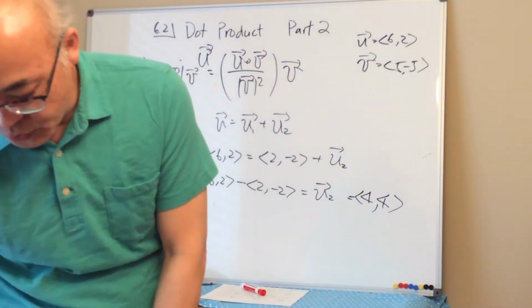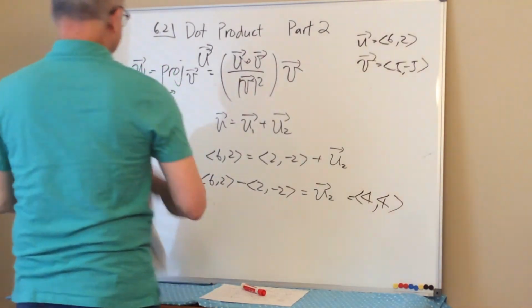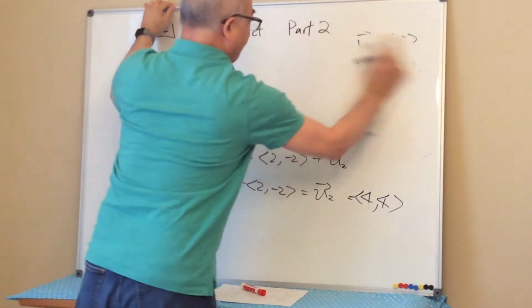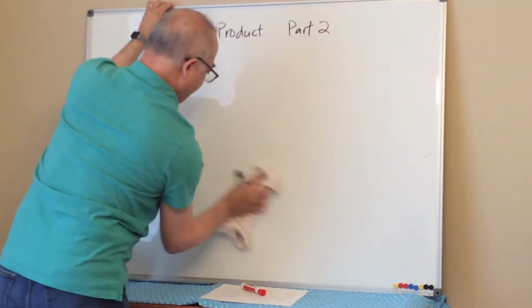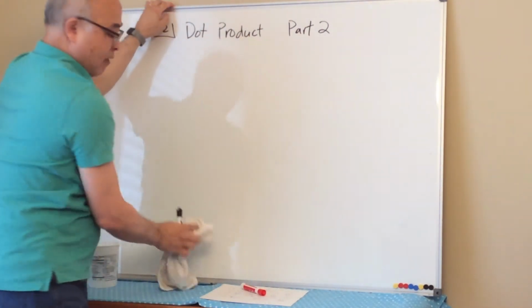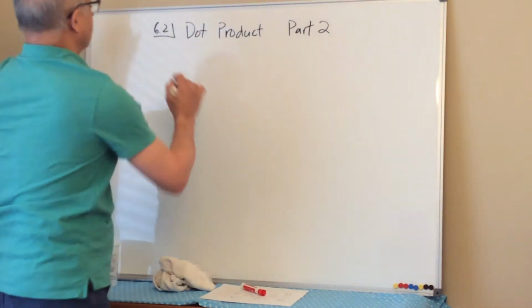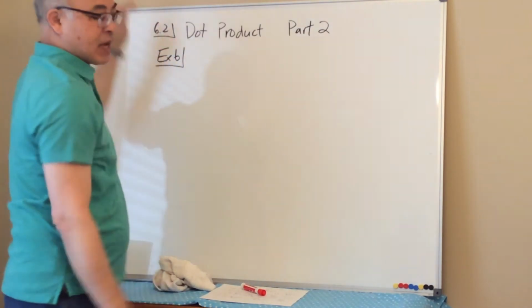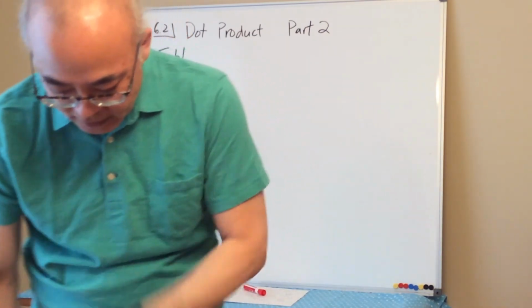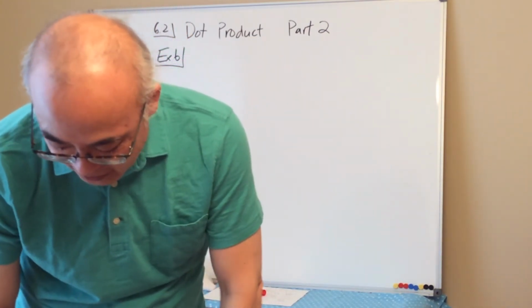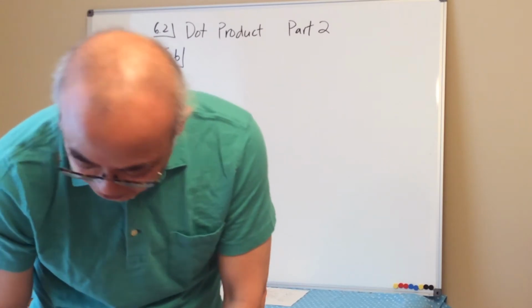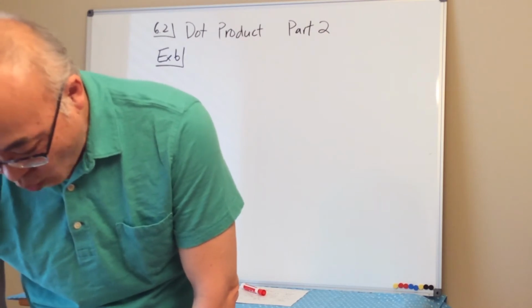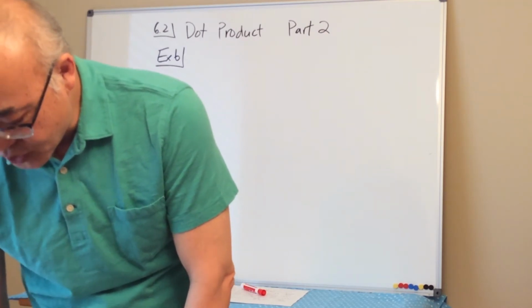Okay, let's move on to example number 6. Example number 6 is finding a force. In example number 6, you have a guy on what looks like an inner tube going down a snow hill, and you have some guy holding on to him to make sure he's not falling down.